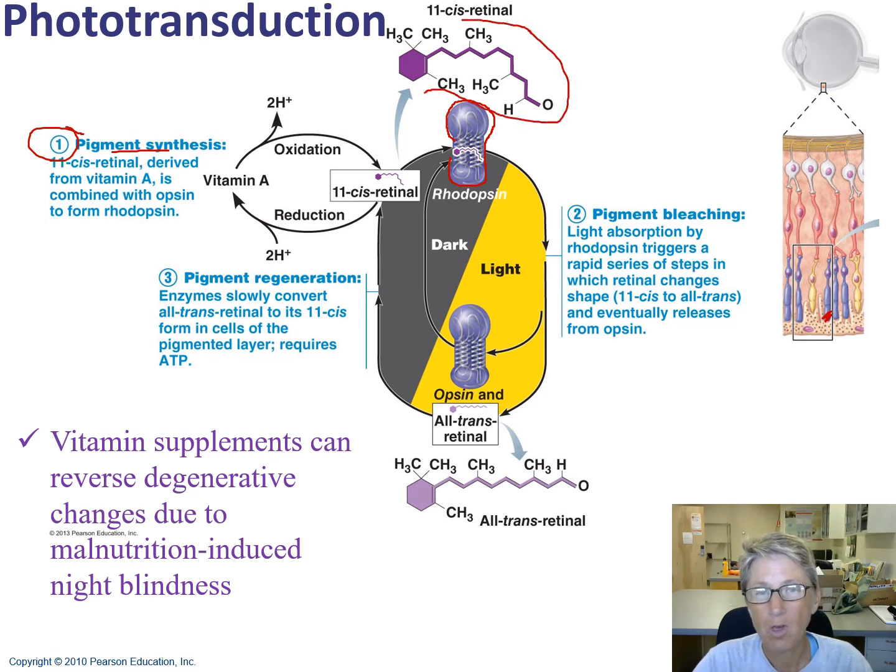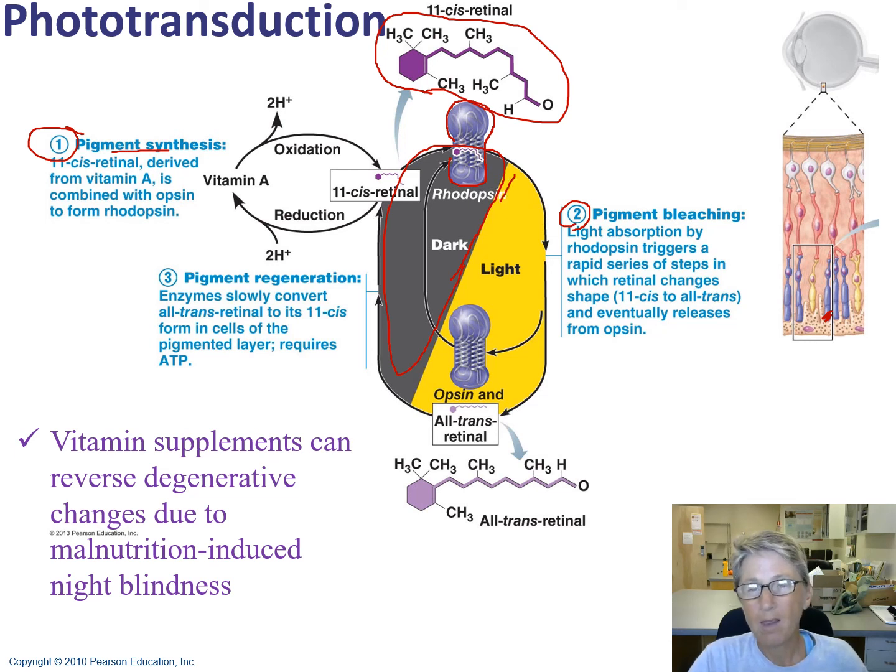Check out the shape of 11-cis retinal. It's bent. It's derived from vitamin A, and it combines with this purple molecule opsin to form rhodopsin. This is what rhodopsin looks like in the dark. So in the dark, retinal is bent. Step 2 says pigment bleaching, so that the pigment is rhodopsin.